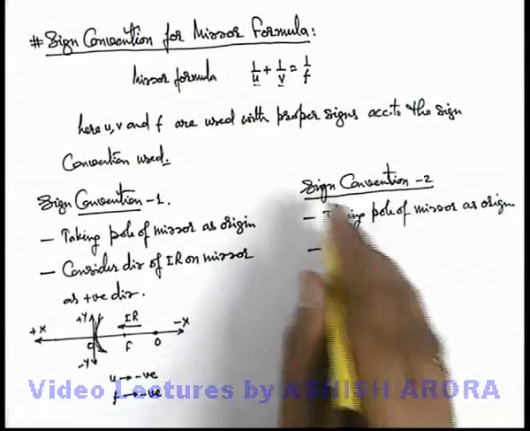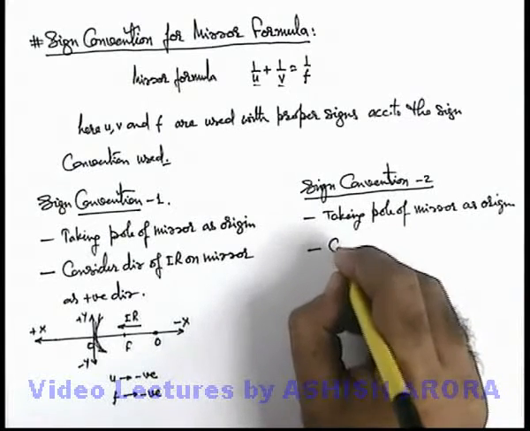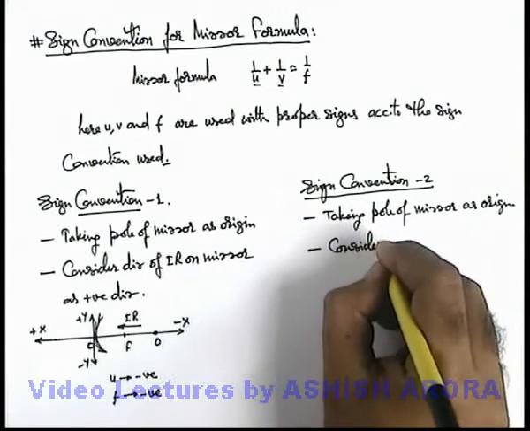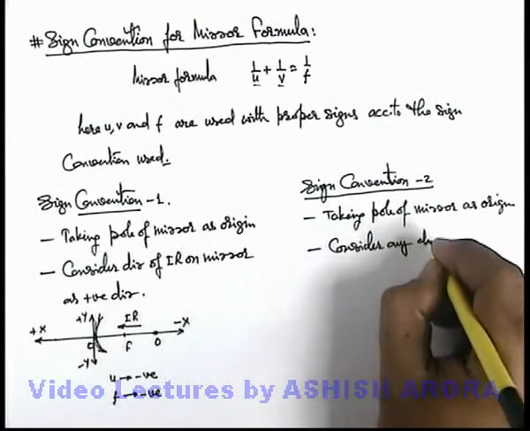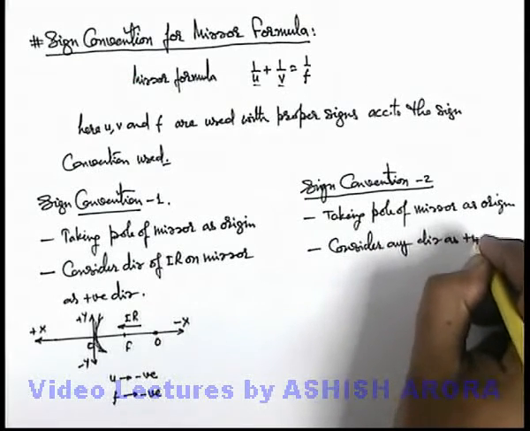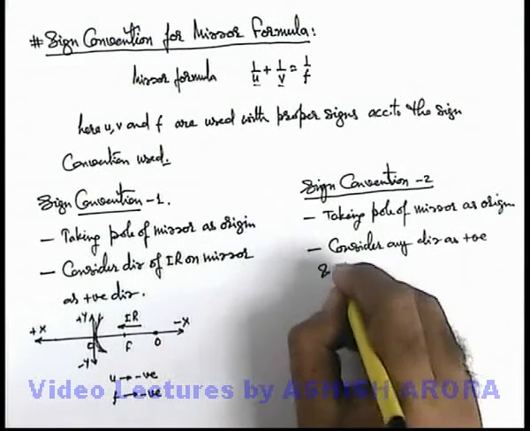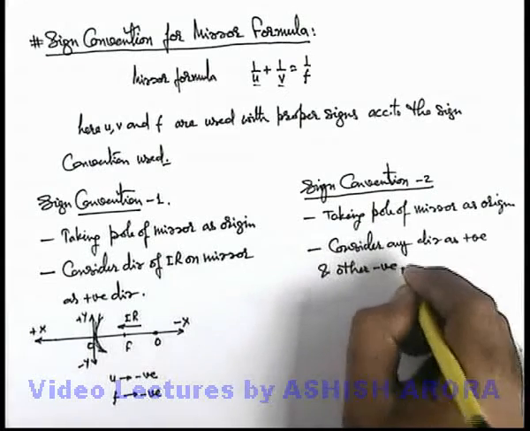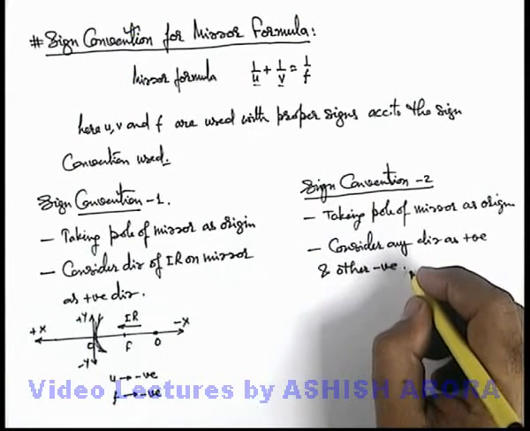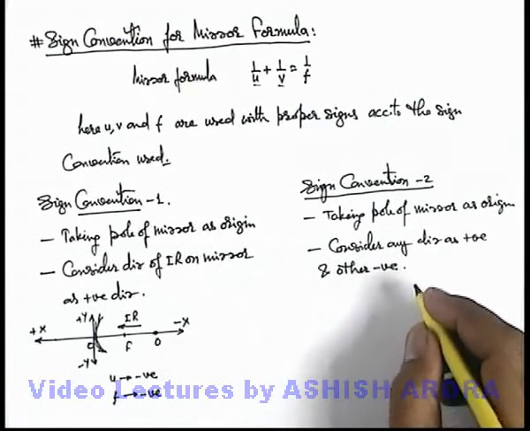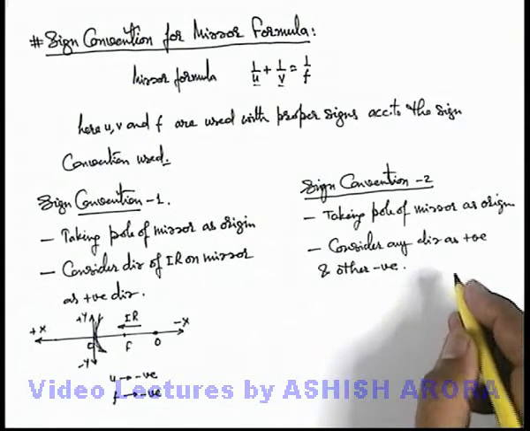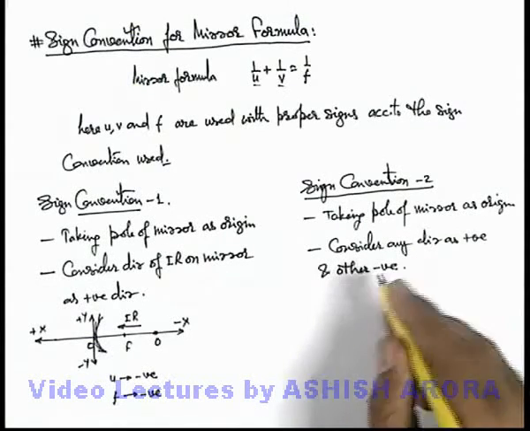And the beauty of this sign convention is you can consider any direction as positive and the other as negative. In this situation we must be very careful about the whole reflection process. Whichever direction you choose, that should remain the same.